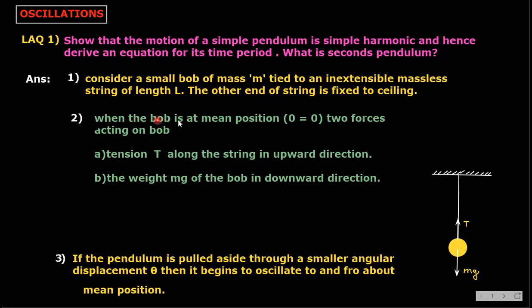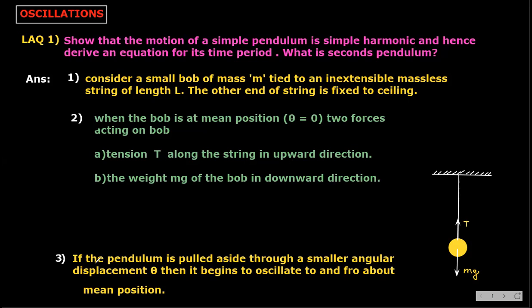Now when the bob is at mean position, that is theta is equal to 0, then we are having tension T along the string in upward direction, whereas the weight mg of the bob in downward direction. Understood? These points you will write first.